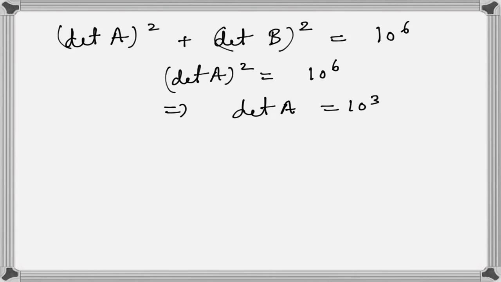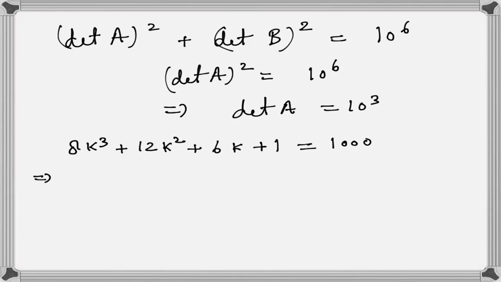Now let's write the expression of determinant A which we calculated, which was 8k cube plus 12k square plus 6k plus 1. This is equal to 1000.